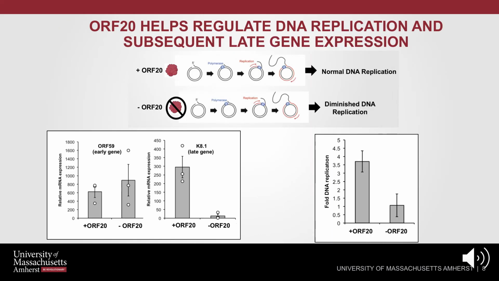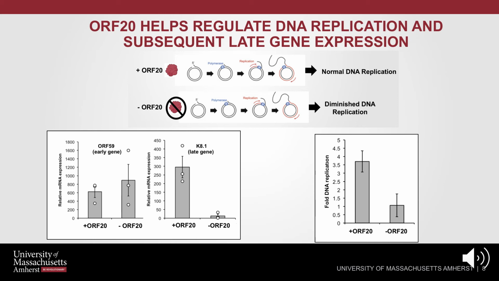From here, we used the ORF20 deficient cell line, and we really looked into how it differed in both gene expression and DNA replication as compared with our wild-type KSHV infected cells. On the left, we're looking at two genes, ORF59 and K8.1. ORF59 is an early gene, and K8.1 is a late gene. We're looking at the expression of these two genes in our wild-type KSHV infected cell line and our ORF20 deficient cell line.